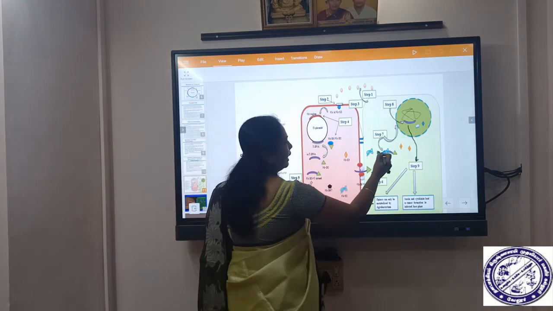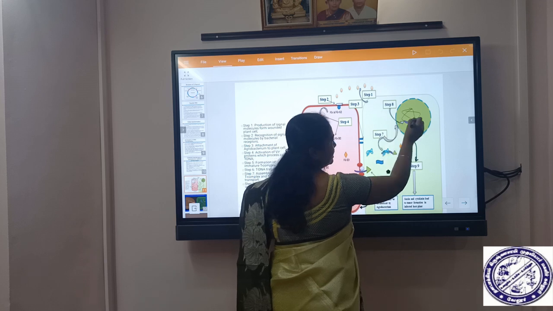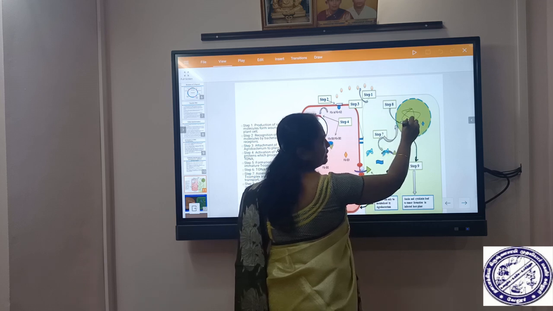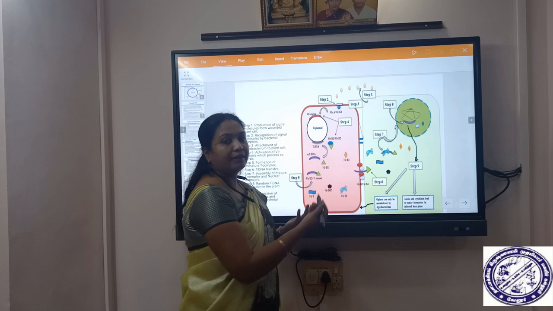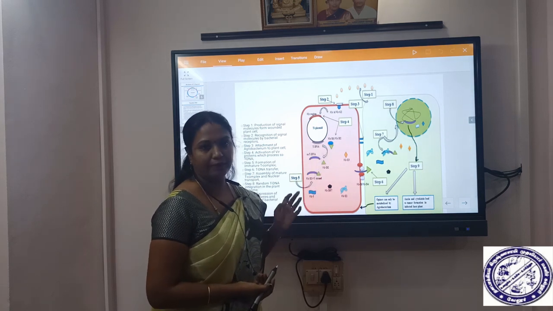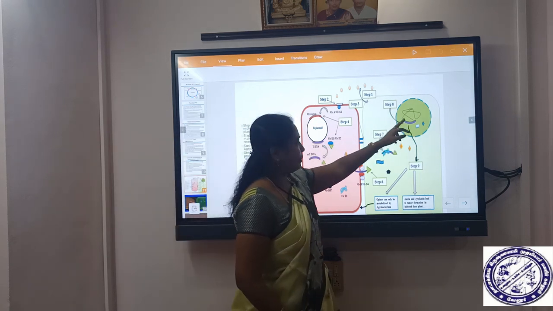Once it touches the nucleus, it enters into the nucleus and randomly gets integrated into the host cell DNA. So this is the final step.